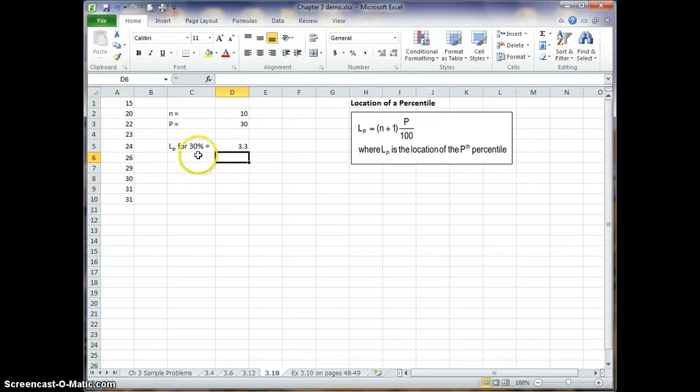So that tells us that it's going to be between the third and fourth observation, and it's going to be 30% between them.